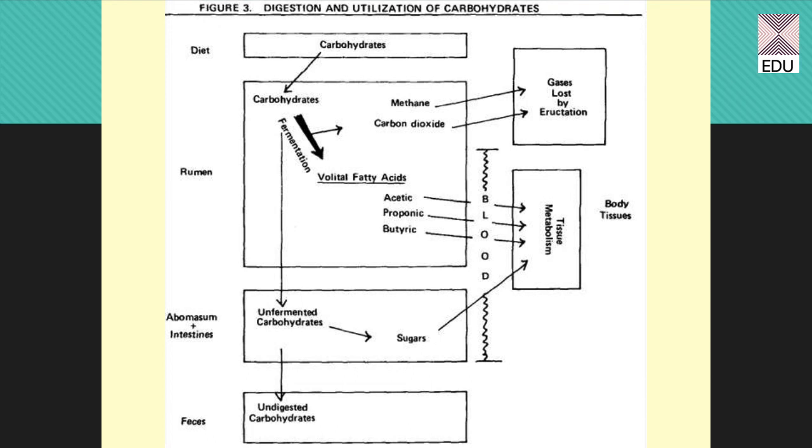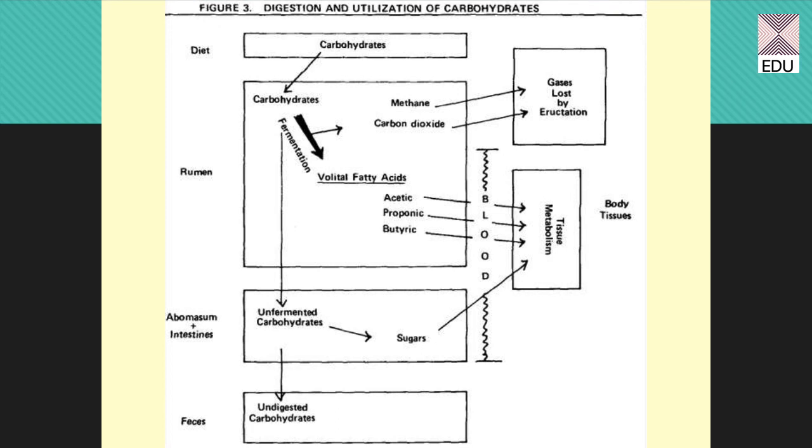The remaining fatty acids go to the body tissues and are subjected to tissue metabolism after absorption. From the rumen itself, they can be absorbed into the blood, from where they can enter tissue metabolism. The unfermented carbohydrates from the rumen enter the abomasum and the intestine. Here they are converted into sugars.